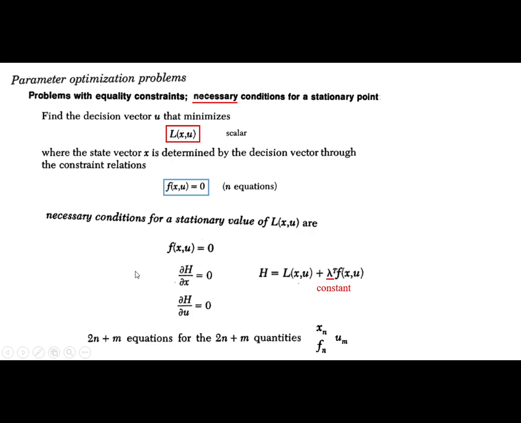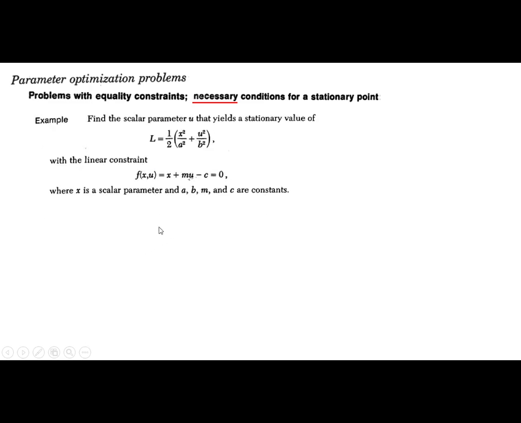Now, let me introduce an example to illustrate what we have covered so far. In this example, we want to compute a scalar parameter u that gives a stationary point for the given function L. The computed value of u is subjected to the shown constraint f of x and u. The state variable x is also a scalar, whereas a, b, m, and c are some constants.